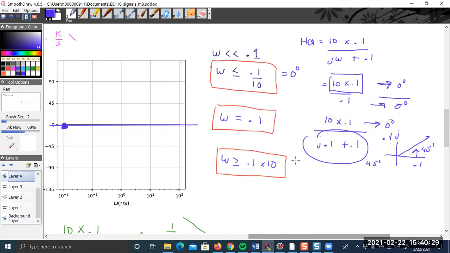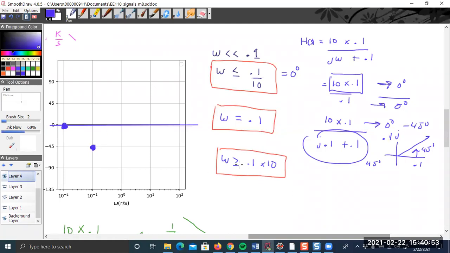But it's in the denominator, so 0 minus 45 is minus 45. So you put a point here. You don't really, well, I'll just show you, but you just put a point there.